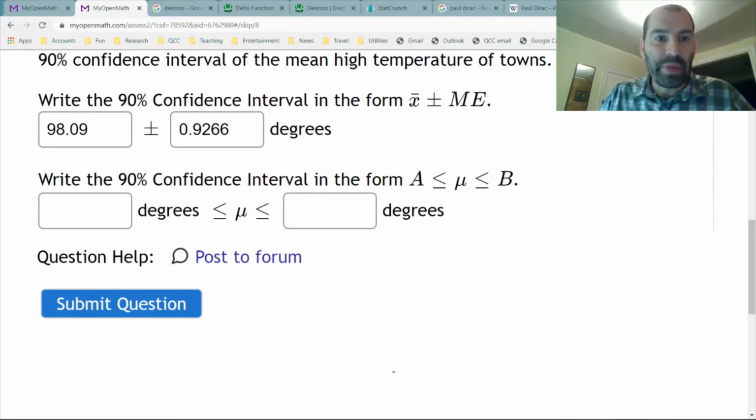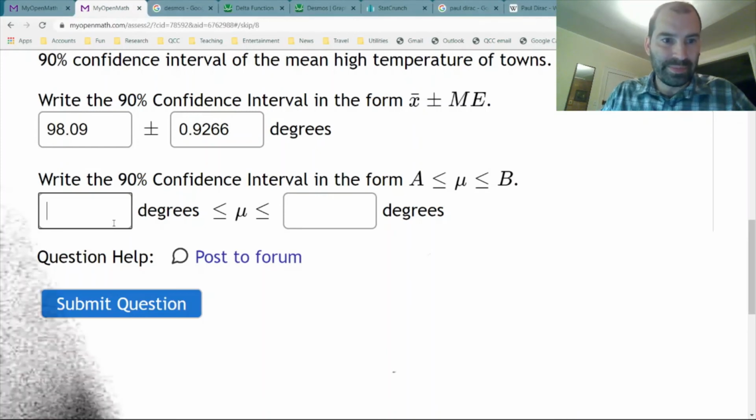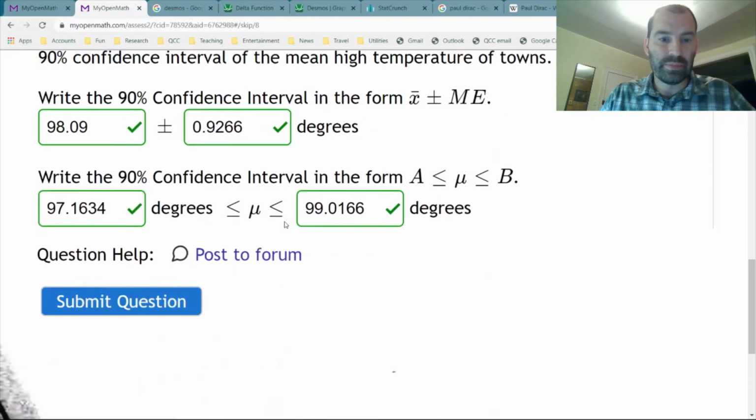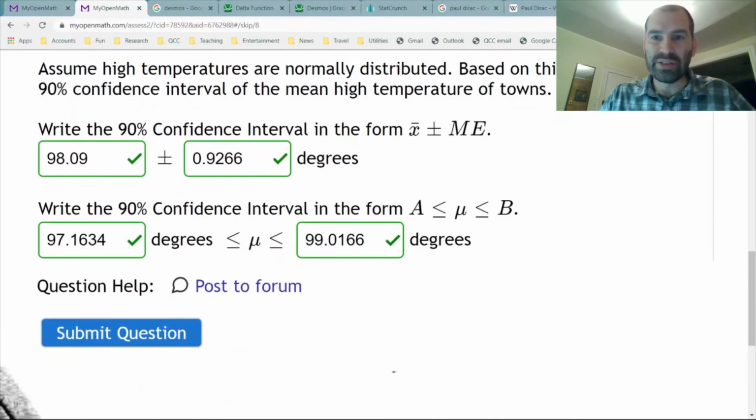Okay, so when I take 98.09 and subtract 0.9266, I get 97.1634. And when I add, I get 99.0166. And good job us, we got them all right.